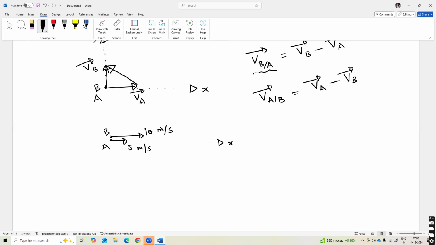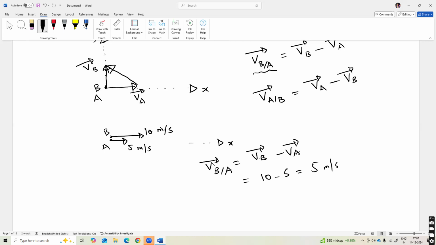So the relative velocity of B with respect to A can be given as vb minus va. So it will be 10 minus 5, which is 5 meter per second.